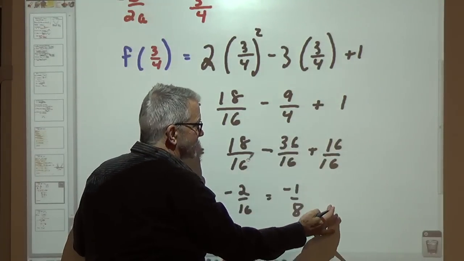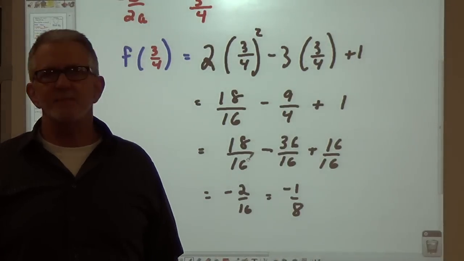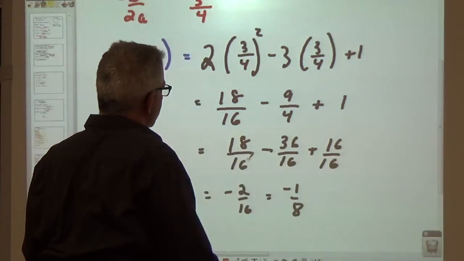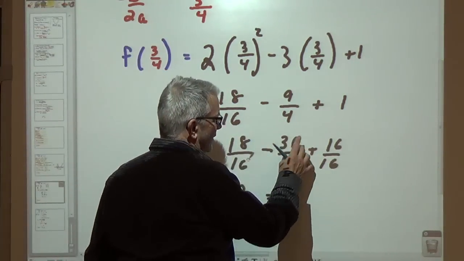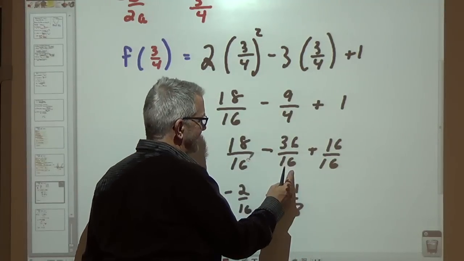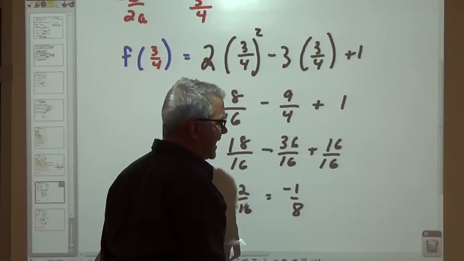That 1 is 16 over 16. Pause the video if you want to, that's what's nice about videos. Negative 36/16 plus 16/16 is negative 20/16, plus 18/16, negative 2/16, negative 1/8.